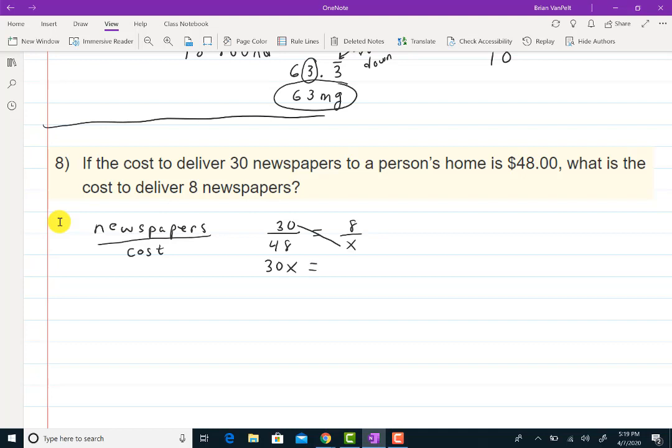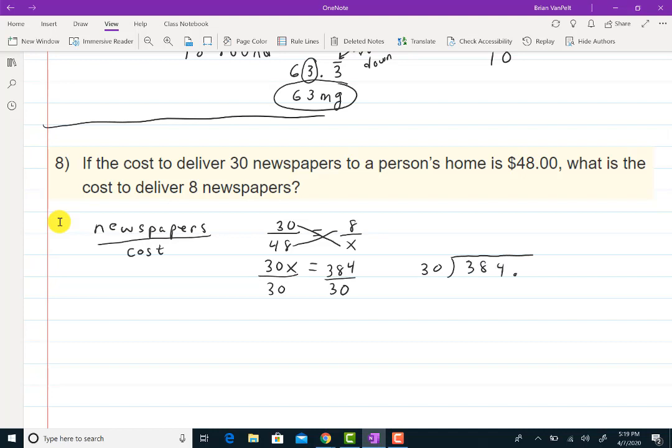30x equals 48 times 8. That is 384. And now I'll divide by 30. And as I suggested, it's easiest to write this as a decimal since you're talking about cost. So I'm going to go 30 into 384.